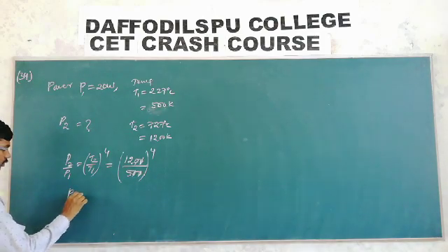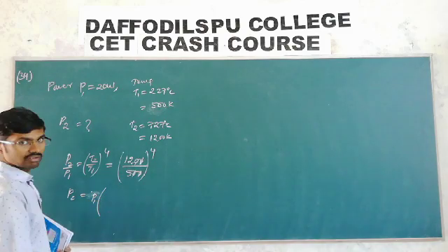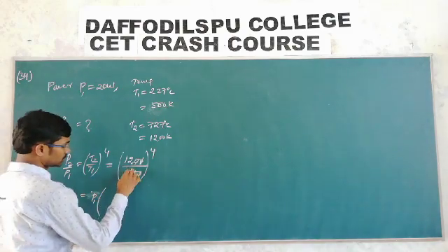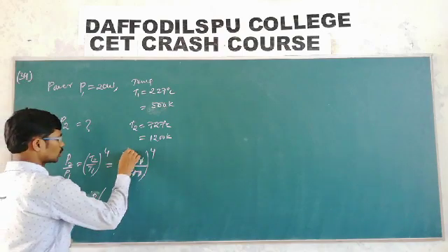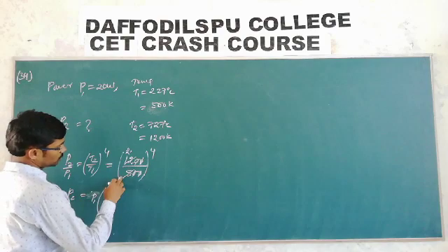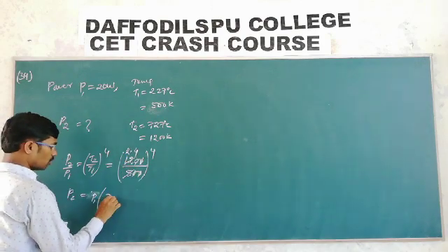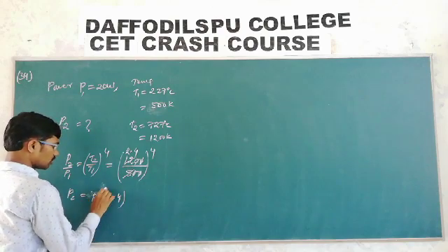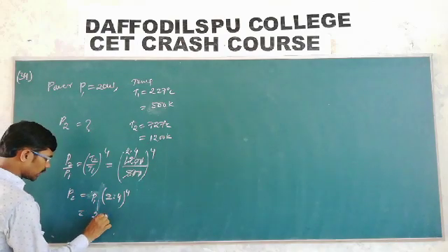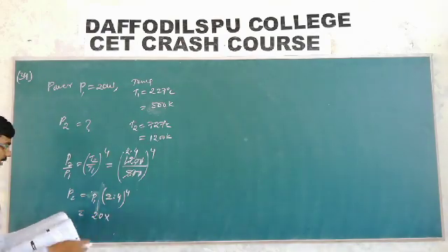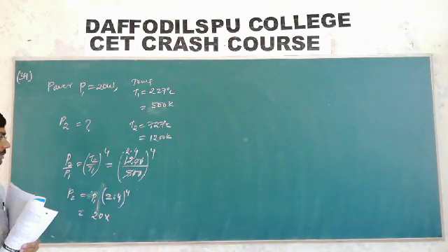Therefore, P2 is equal to 20, P1 into 12 by 5. 12 by 5 means what is this value? 2.4 whole power 4, and this is what? 20 into, and what will be the value of this one? Let us see. 2.5. 2.5 means what? 5 by 2.